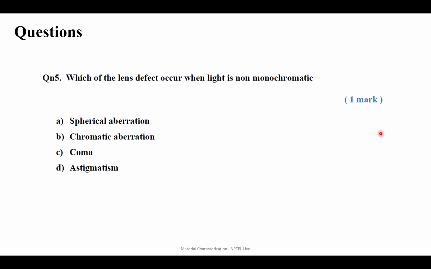Which lens defect occurs when light is not monochromatic?